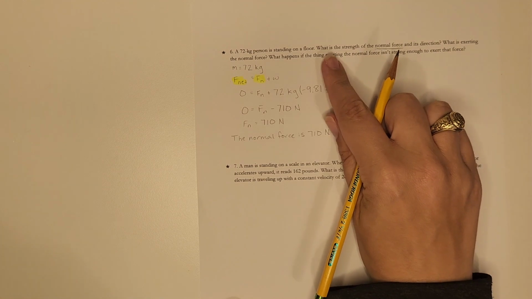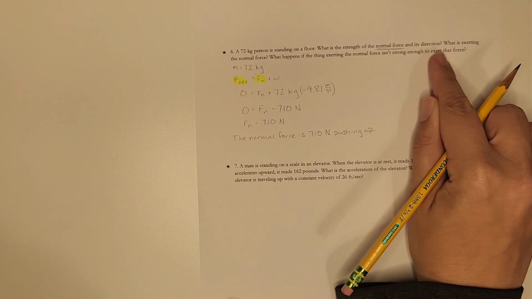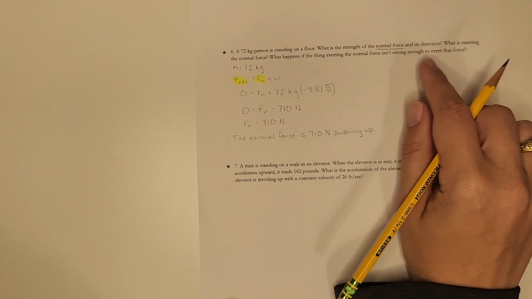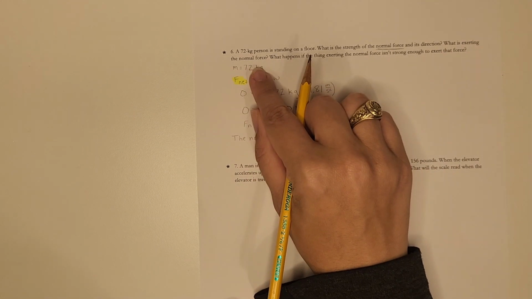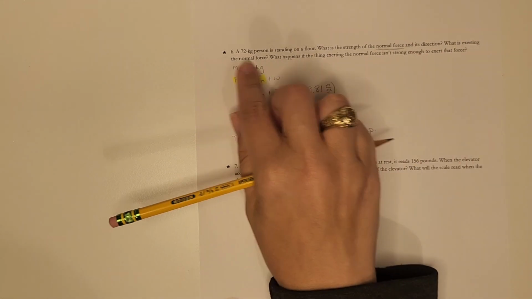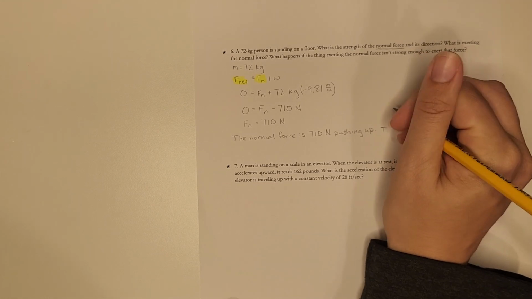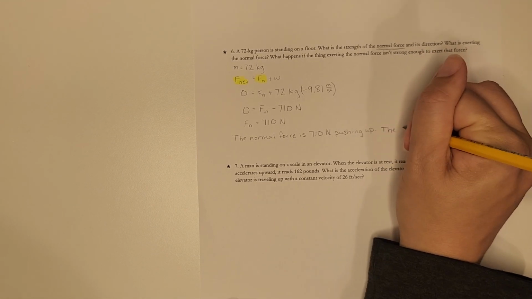So we've answered 2 of the questions: what is the strength of the normal force and its direction? And I talked about the other answer, what is exerting the normal force? The floor is exerting the force.